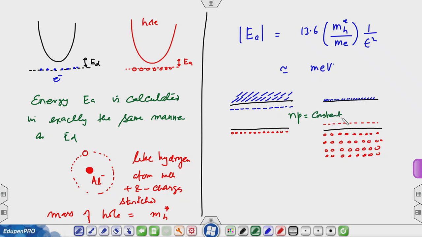So, you have created two different types of semiconductors, where the carrier charges are different, their Hall coefficient is going to have different signs, and you can also control the number of charge carriers by an appropriate amount of doping. This is known as N type semiconductor, and this is known as P type semiconductor.